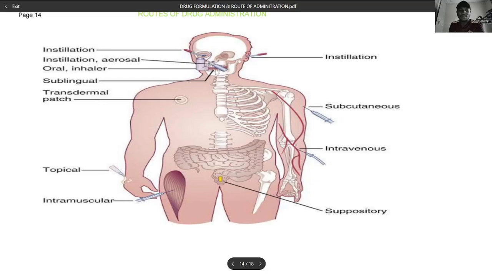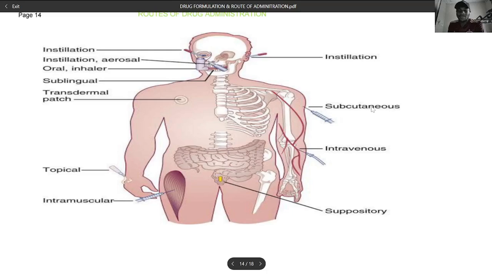All right, so this is just a diagram illustrating what we have said. If you are giving a drug through the mouth, that's oral. Inhalers are given through the nose; that's inhalational. Instillation could be through the ears. Transdermal, sorry. Sublingual, just under the tongue.